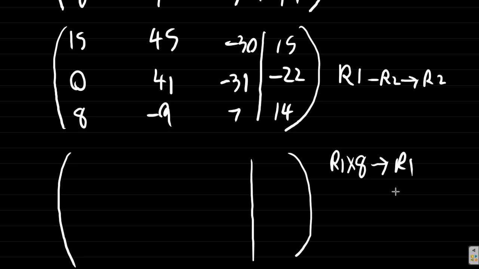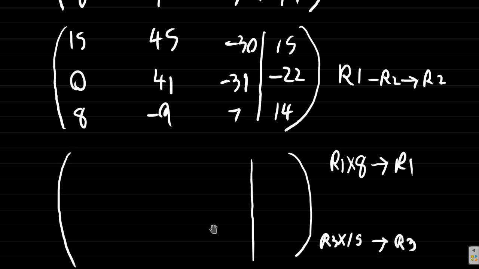So we'll change row 1. Now, before we were changing only one row at a time, but as you practice more and more, you could change 2 rows at a time. Alright? So row 3 multiplied by, now sometimes you will see other people do it saying 8 row 1. You could also have it as row 1 multiplied by 8. It's the same thing. Row 3 multiplied by 15 gives us our new row 3.